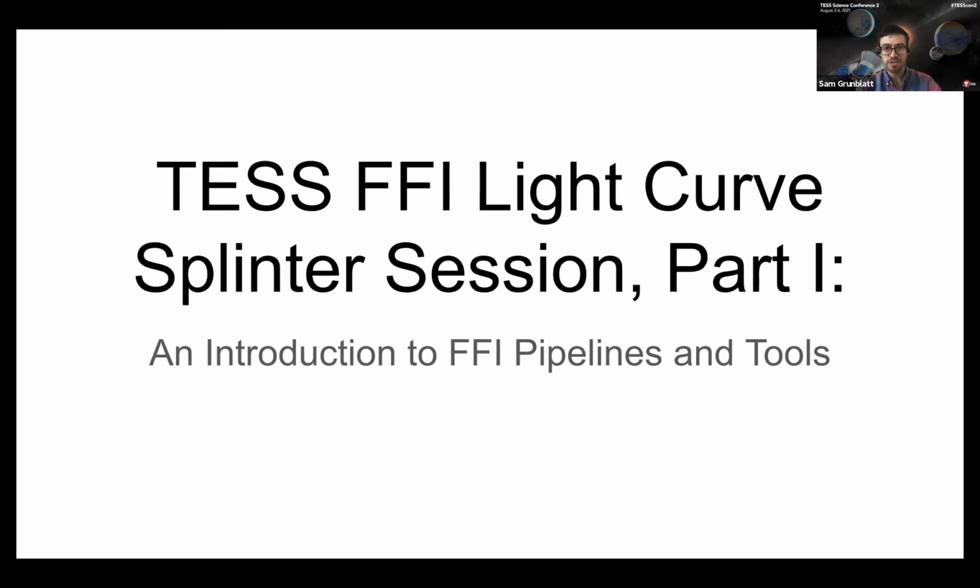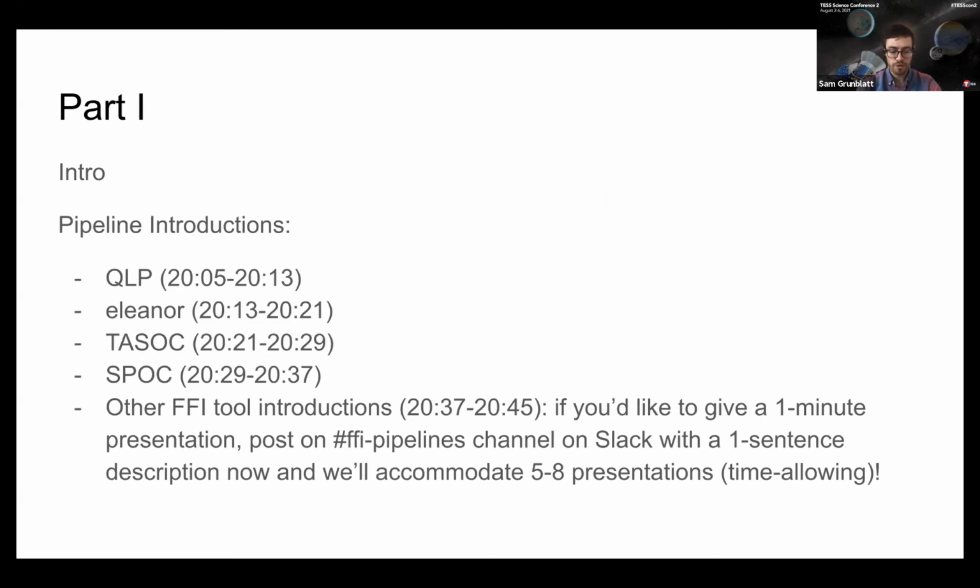So the way I want to do this is basically break everything into 2 components. The first part will be run more as a typical intro, typical webinar, like we've had most of these other sessions at this meeting.